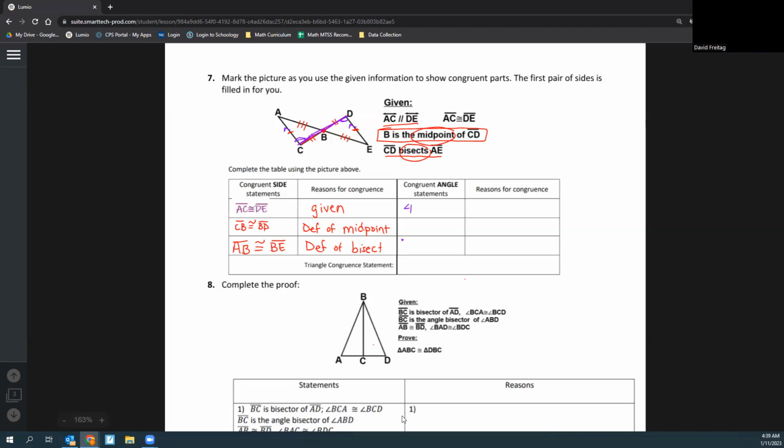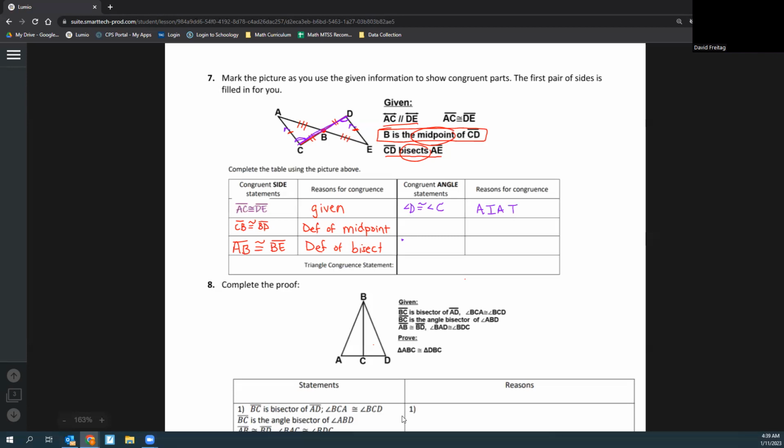Angle D is congruent to angle C because of alternate interior angles. They're both inside the parallel lines. They're both on opposite sides of DC. So they must be the same.